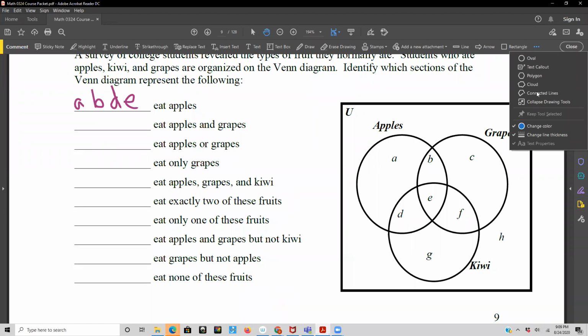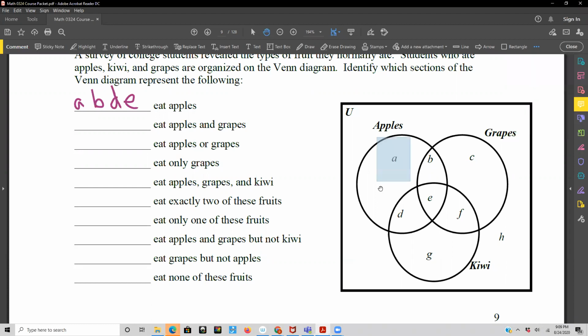You color those circles and you're going to get overlap, and it's going to be orange. The apples and grapes are the overlap between apples, this circle, and grapes, this circle. So the overlap is B, E.